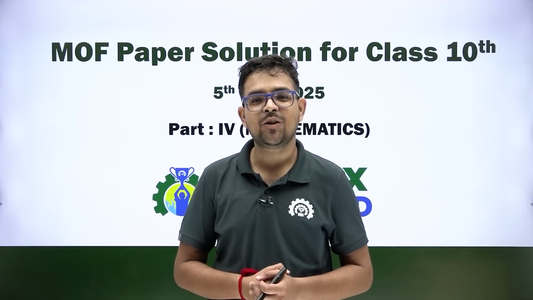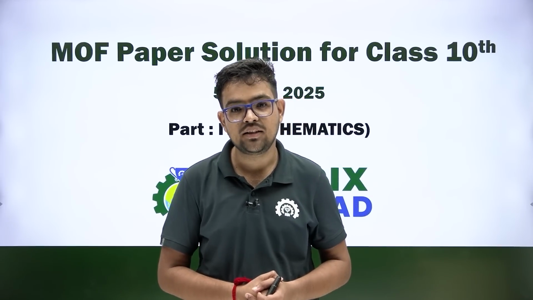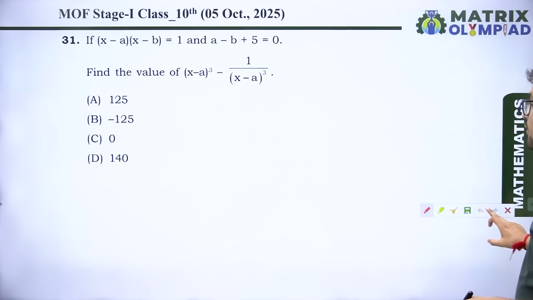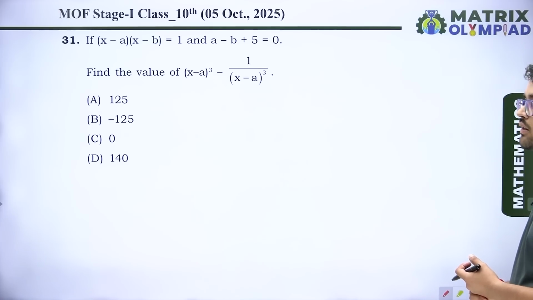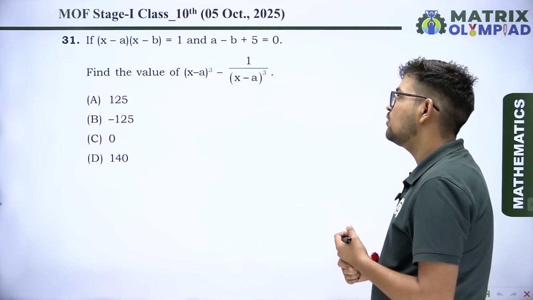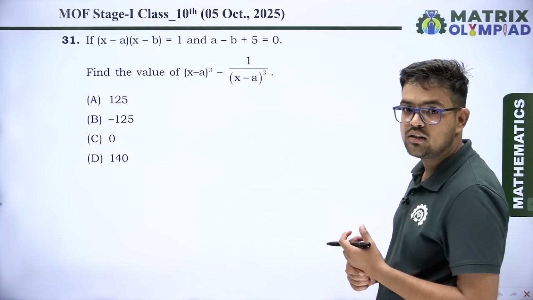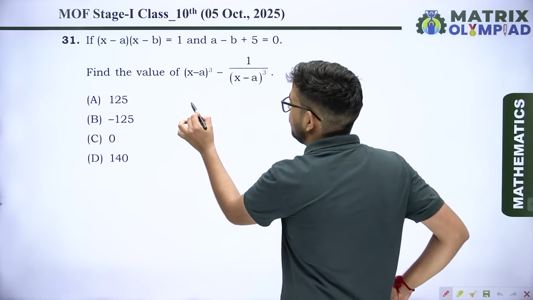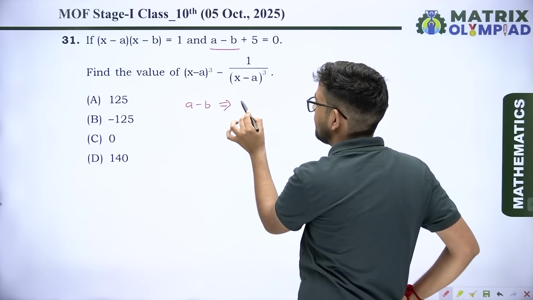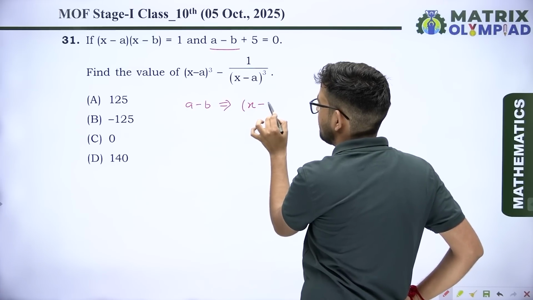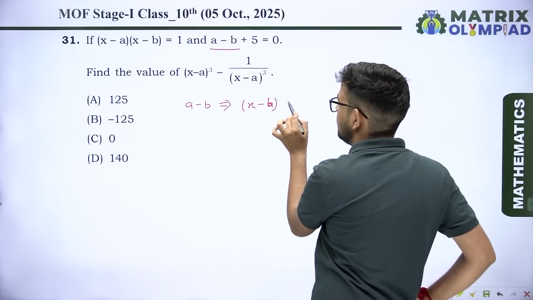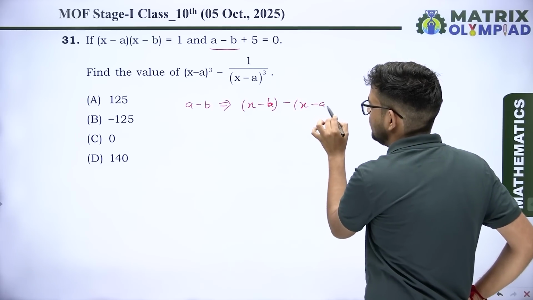Thank you. Hello and welcome to the paper solution of class 10th mathematics, and our 31st question is: if (x minus a)(x minus b) equals 1 and a minus b plus 5 equals 0, find the value of (x minus a) cube minus 1 upon (x minus a) cube. See, a minus b here can be written as (x minus b) minus (x minus a).